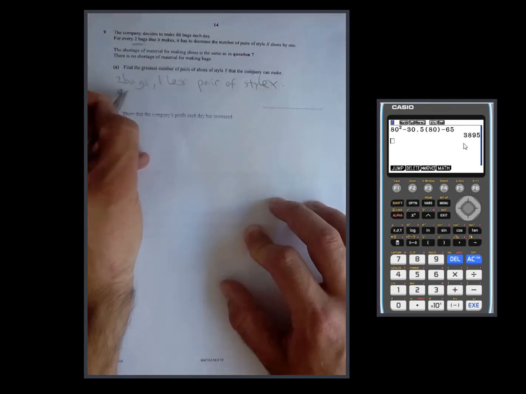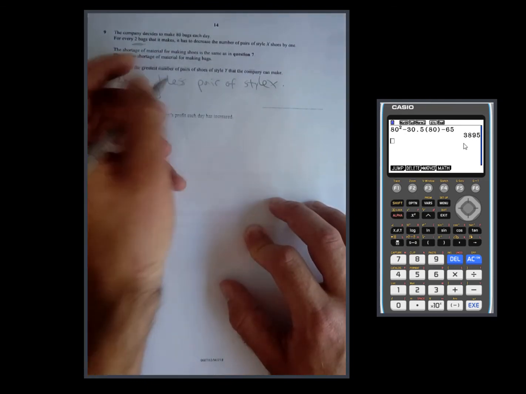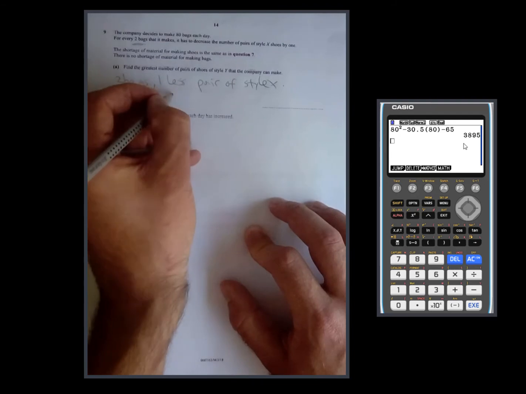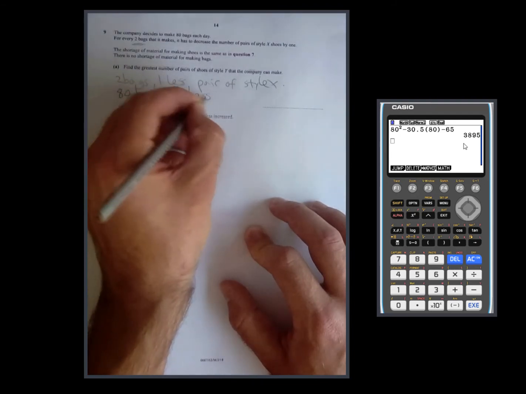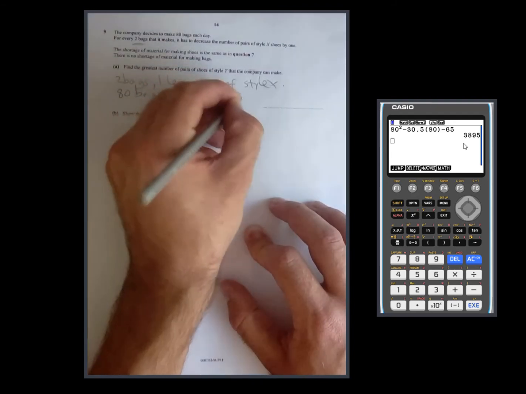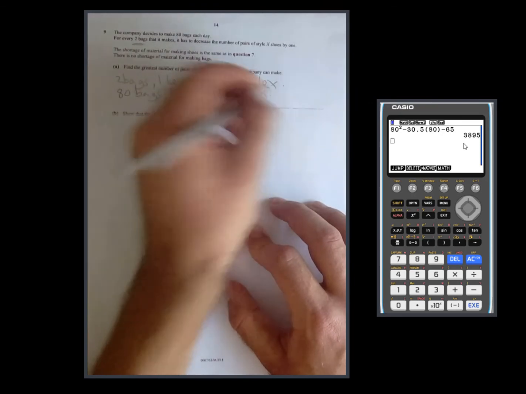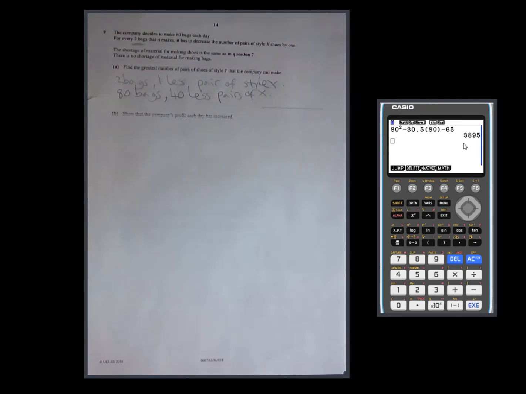So if it's 80 bags, well, that is going to be 40 less pairs of X. So however many pairs of style X we were making before, we need to reduce that number by 40. So we need to find out what that is.